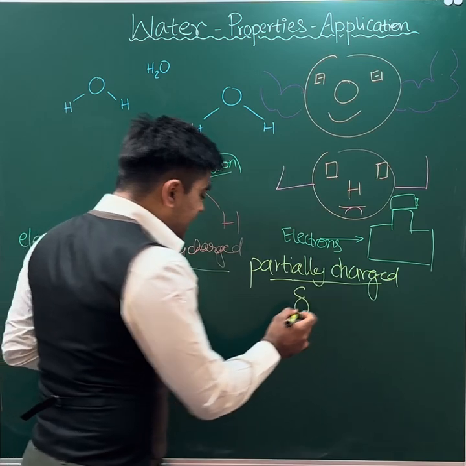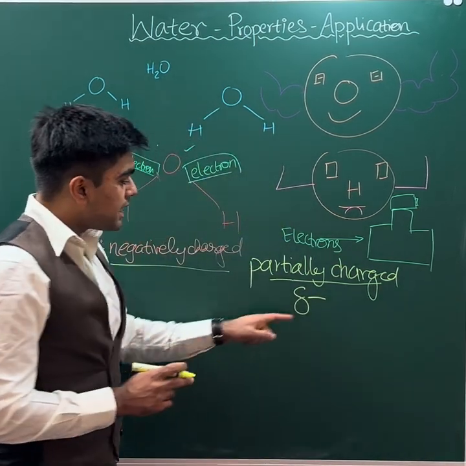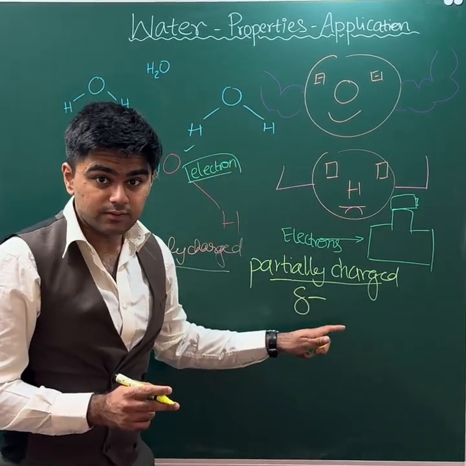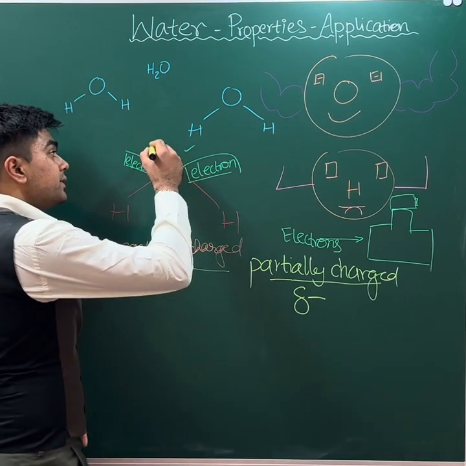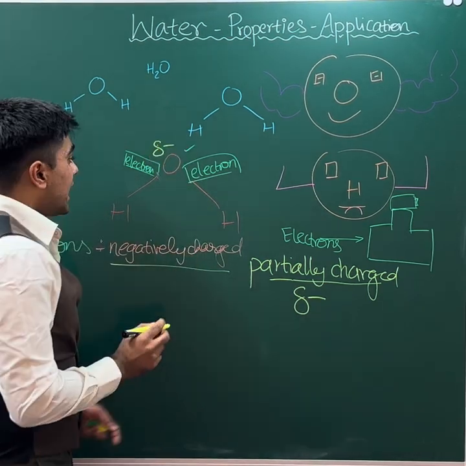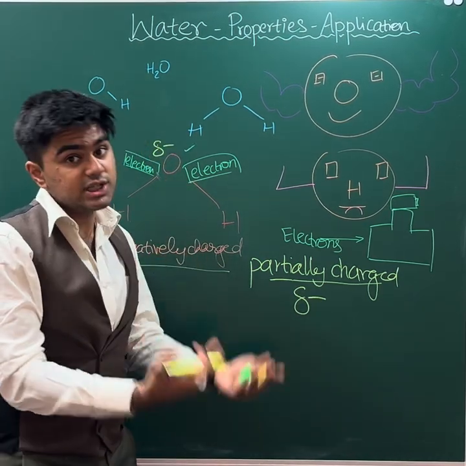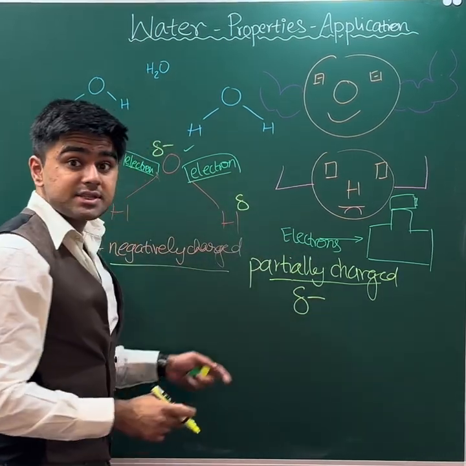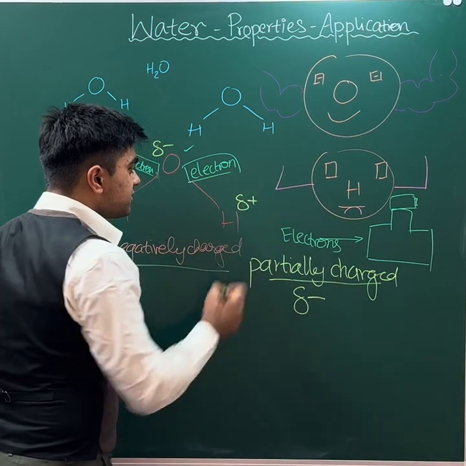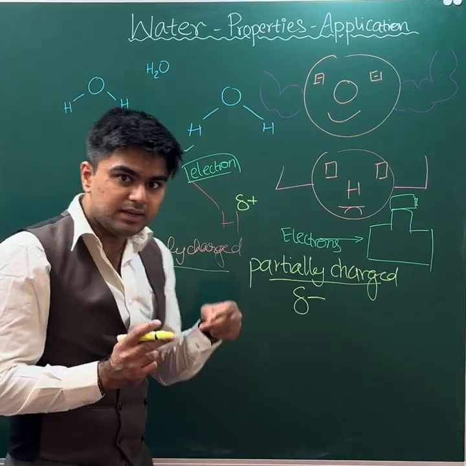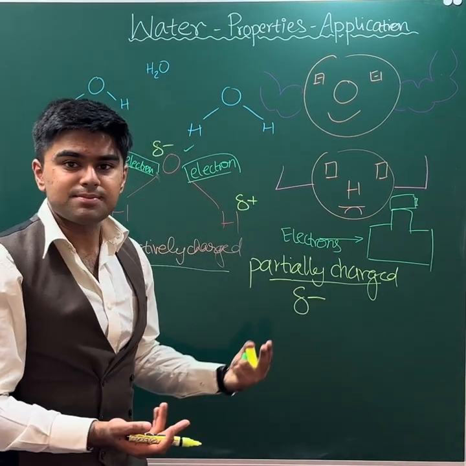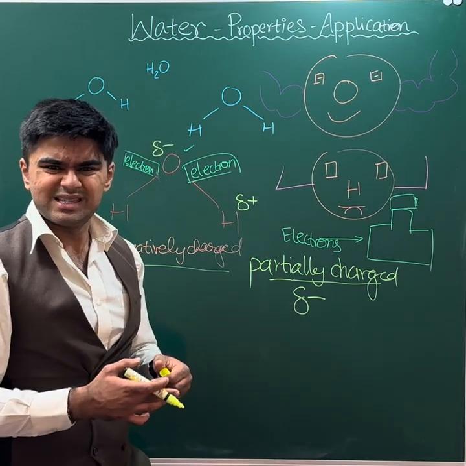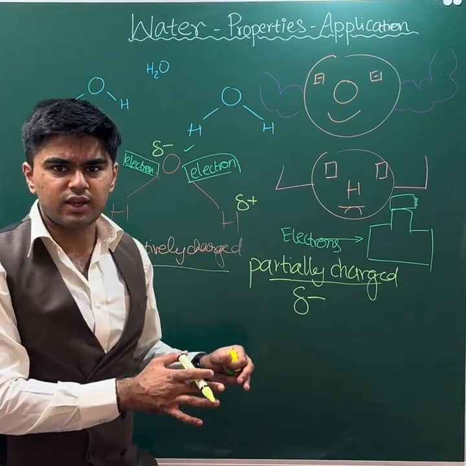So when I put a negative sign next to it, it means partially negative. In other words, I can put this symbol here, and that means oxygen is partially negative. And if I put that symbol here, I must say hydrogen is partially positive. Now you can imagine negative to be very nice smelling, sweet smelling, whereas positive to be this putrid stench, okay?